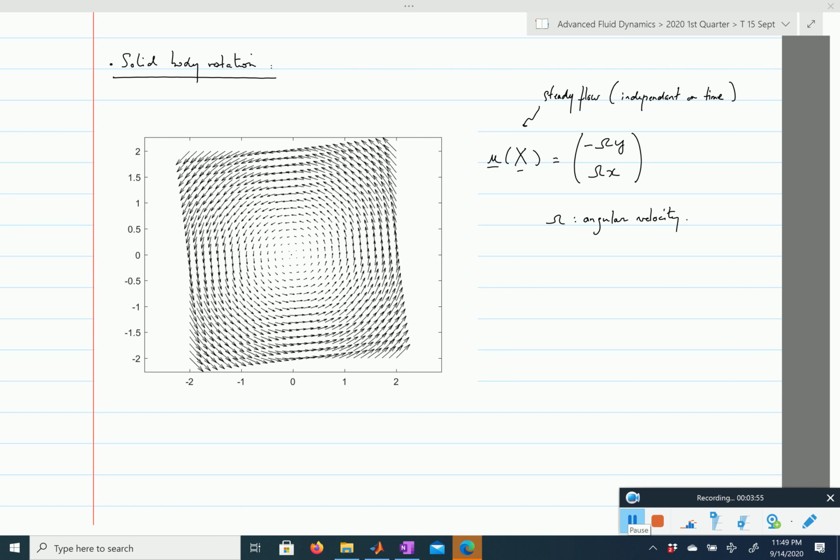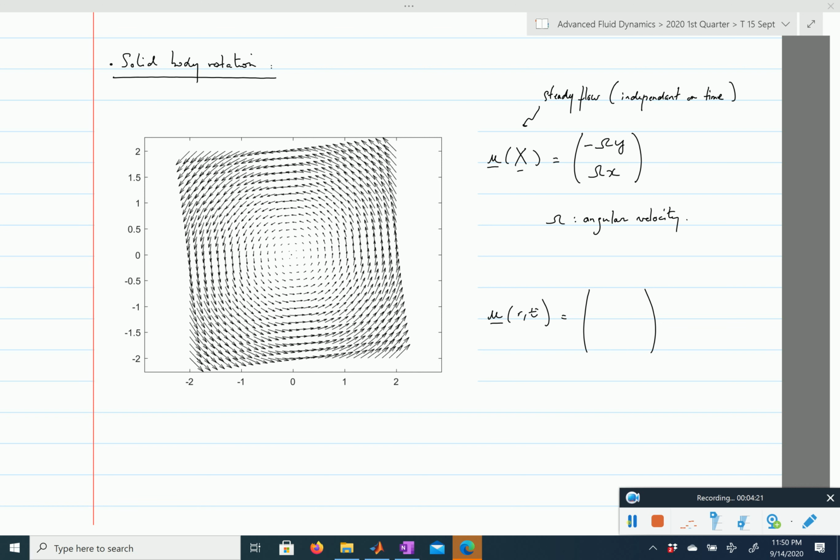You could also express this velocity field in polar coordinates, where u would be a function of the position vector, in that case the radial and circumferential coordinates. In that case we need to give the component along the radial direction and the component along the circumferential direction.